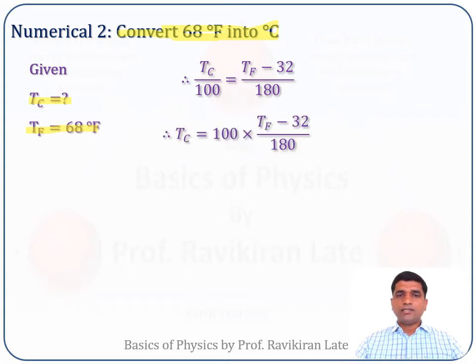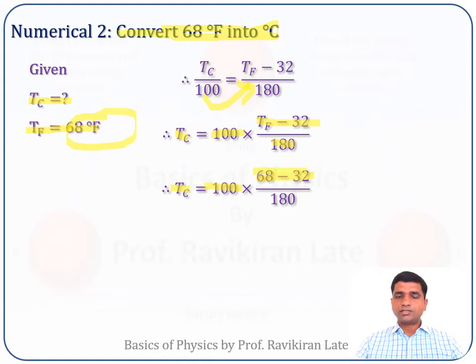Now if I rewrite this expression for Tc, for that purpose I will transfer this 100 to the other side, where it will get multiplied. So it is 100 into (Tf minus 32) divided by 180. So you have Tc is equal to 100 into, substituting the value of Tf, which is 68, (68 minus 32) divided by 180.